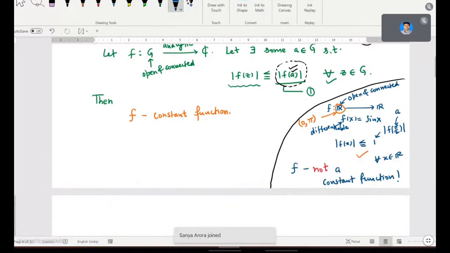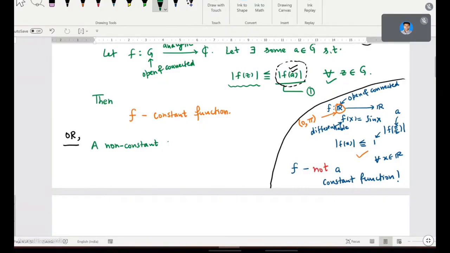Okay class, an alternate statement for this can be the following, in short: a non-constant, now what you call as the negation of the above statement, a non-constant function. When I'm saying a non-constant function, I'm saying a non-constant complex valued function.